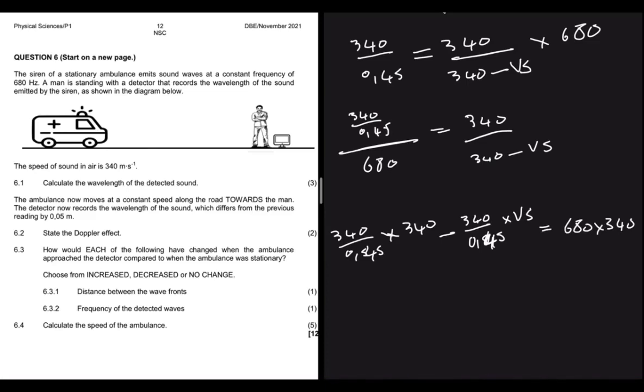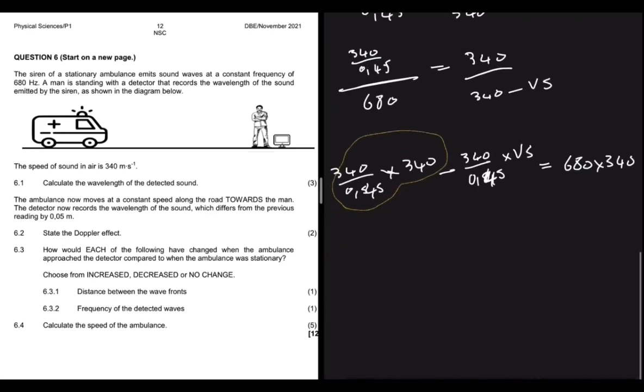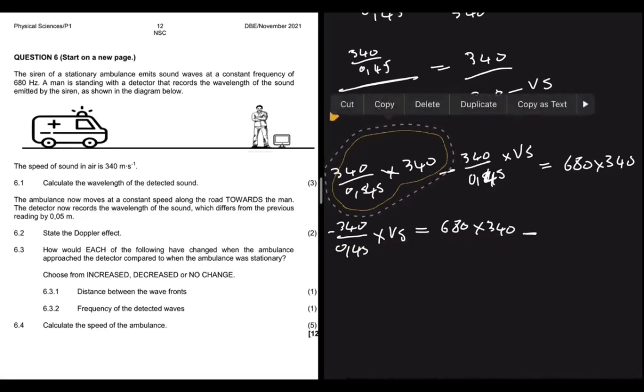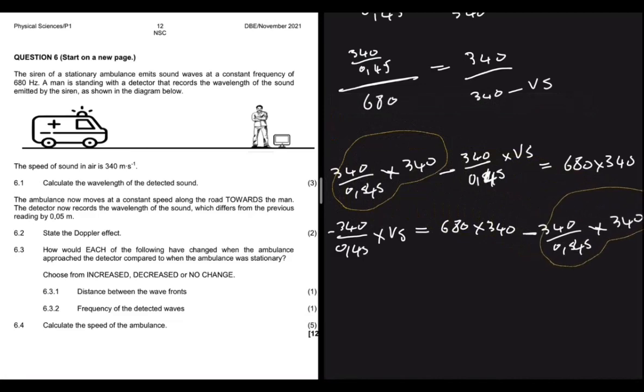So I can take this expression here to the right hand side. I'm going to get minus 340 divided by 0.45 multiplied by the velocity of the source equals 680 multiplied by 340 minus our expression, right? So let me just copy it and paste it, so minus this expression here.